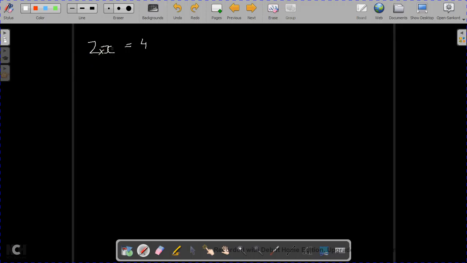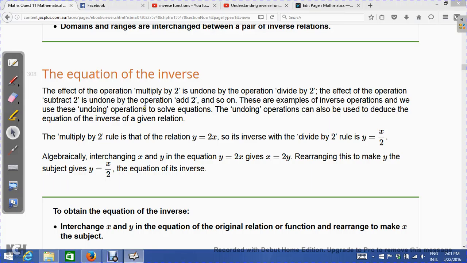The opposite of multiplying by 2 is dividing by 2, or we can multiply by its inverse, which is a half. There are two different ways you can do it, and you get the same answer, x equals 2. The inverse operation is either of those two. Same thing with subtracting and adding: if we subtract 2, the inverse operation is adding 2, and so on. These are examples of inverse operations, and we can use these undoing operations to solve equations.